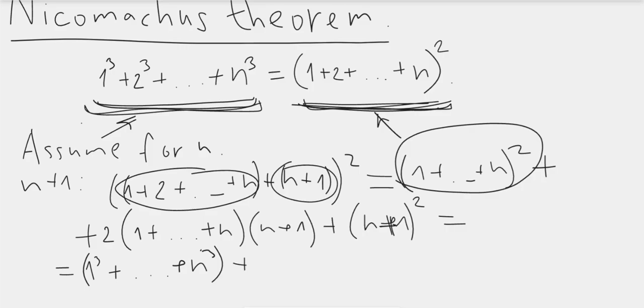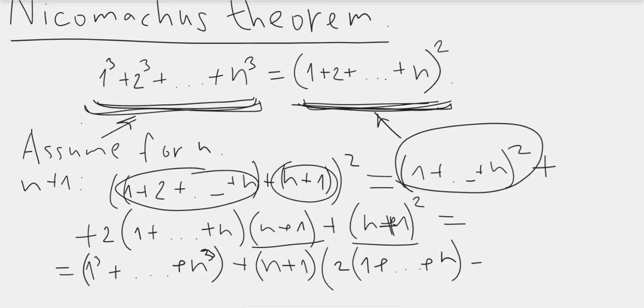Now in the remaining two terms, we observe that there is a common multiplier n plus 1, so we move it here. Like this.